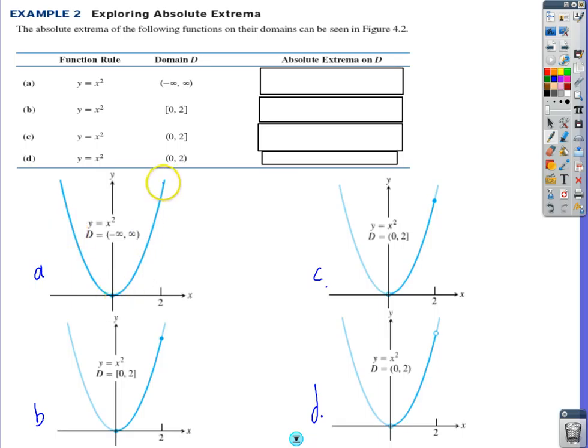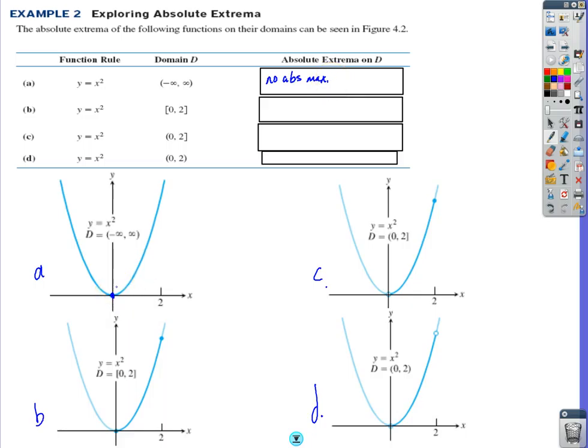Yes or no? Okay. In this particular case, there is no maximum, right? Because every time I keep going higher, keep going to the right, I can keep getting to a higher value. So there's nothing out there that is the highest of them all. So there is no absolute max. But there is an absolute minimum. My absolute minimum occurs down here.